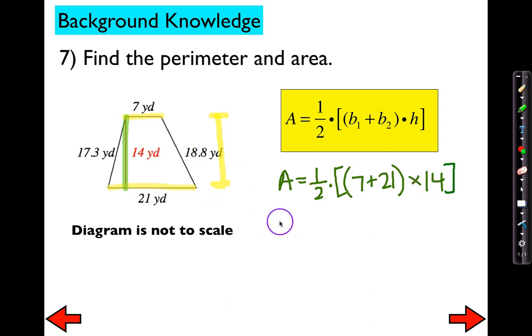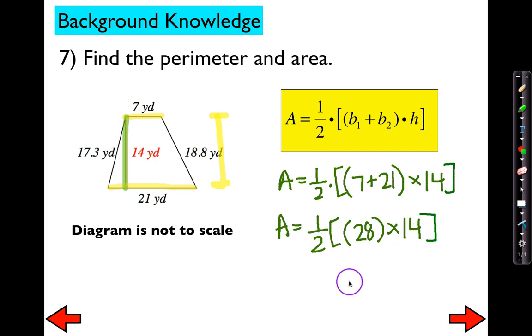At this stage, you can go ahead and simplify what you have. So I'm going to write area equals 1/2. I'm going to simplify what's inside the parentheses first because that's what order of operations tells me to do. 7 plus 21 is 28. Then I'm going to go ahead and multiply by 14. Now at this stage, it's extremely helpful if you can cross-cancel because cross-canceling will shrink numbers to be a little bit more bearable.